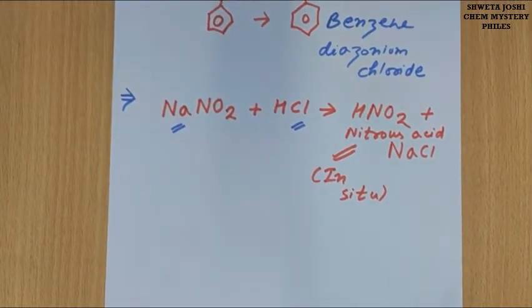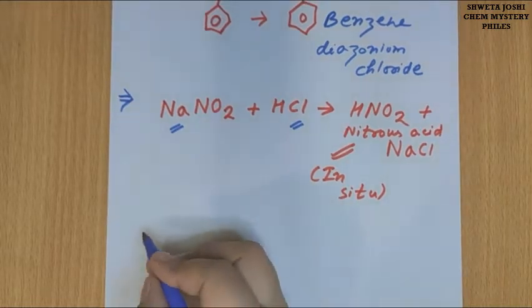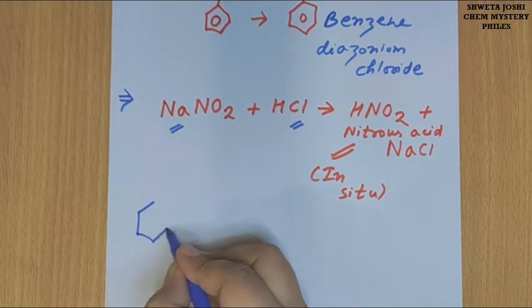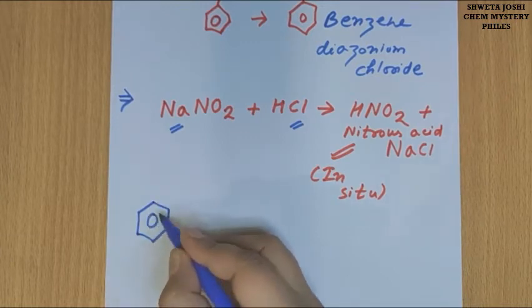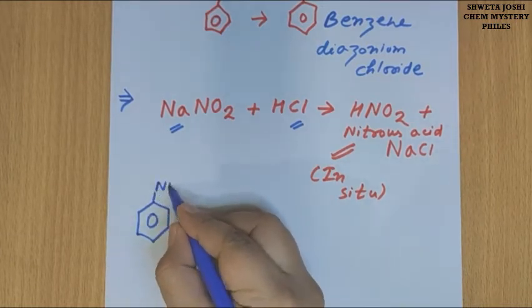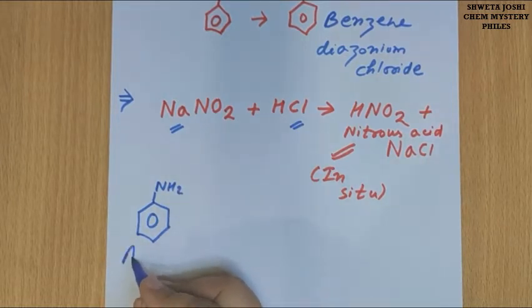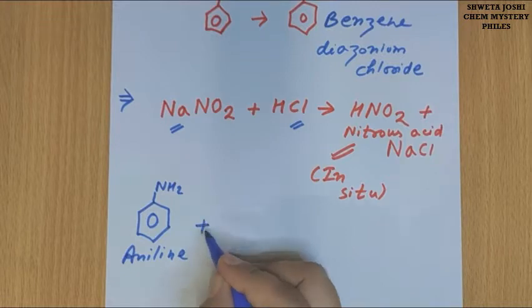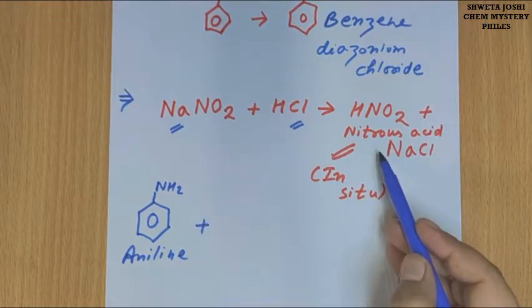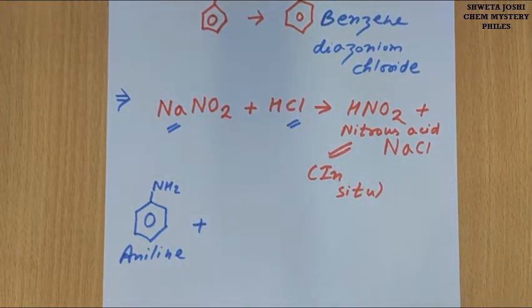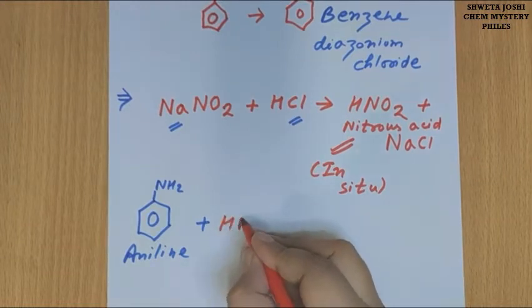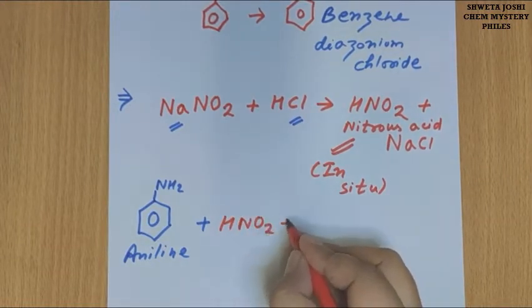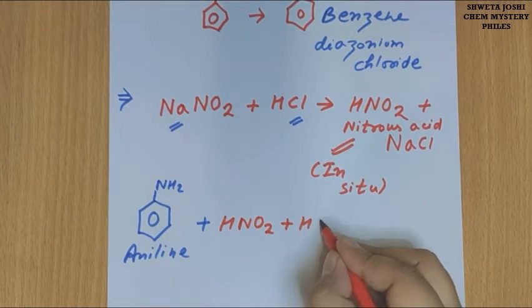For the preparation of benzene diazonium halide, you have to take aniline. Aniline is a benzene ring having an NH2 group. This you have to react with HNO2 and HCl.